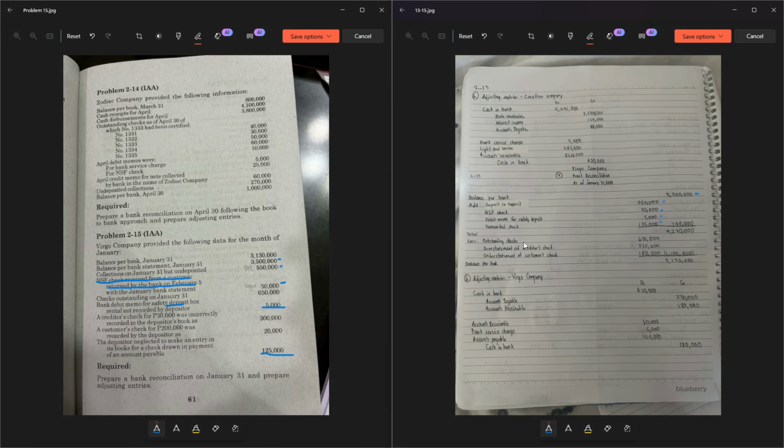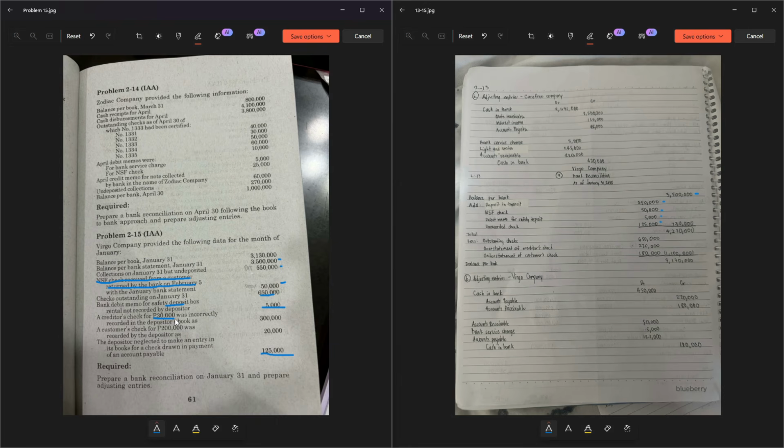Then, you deduct your outstanding checks and your credits. So, creditor's check and the customer's check. So, outstanding checks of 650,000 here. Then overstatement of creditor's check right here.